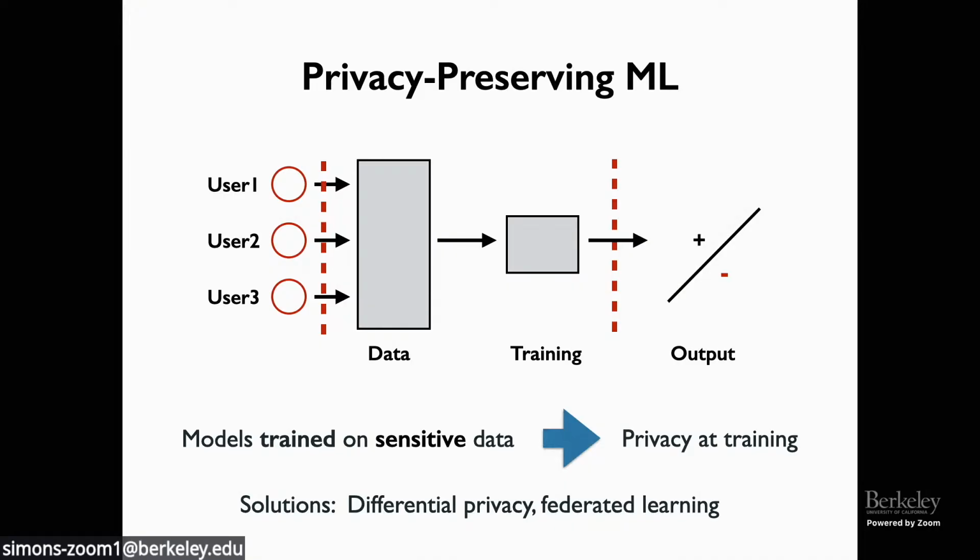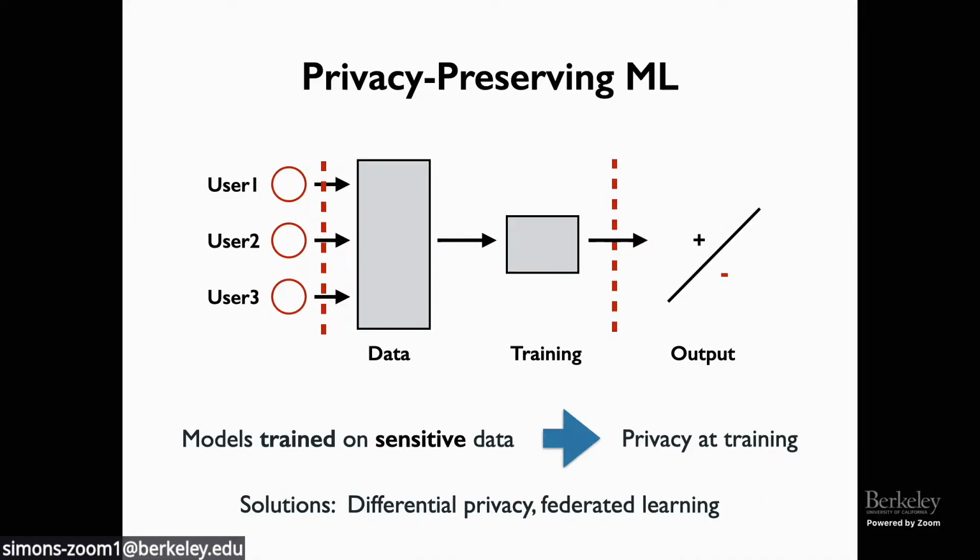So you're training a model on sensitive data. And then what you want is, the model that you train at the end, you want this model to be privacy preserving in some way, right? So people should not be able to either query the model or play with the weights of the model and then leak information about what went into the training data, right?